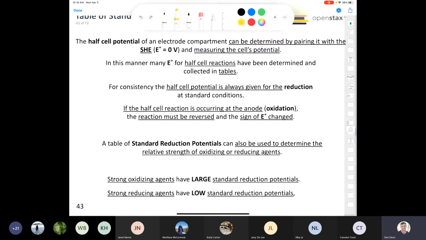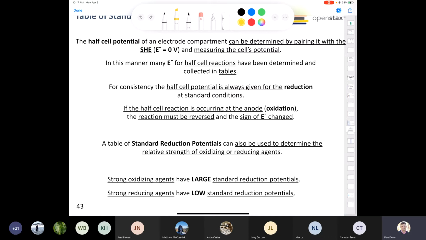All right. So to summarize, the half-cell potential values, all those standard reduction potentials from that table, came from pairing each one of those ions or atoms with the standard hydrogen electrode and measuring the cell's potential. You've got to have consistency for the half cell.